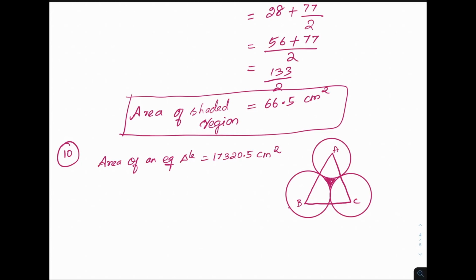The question is, with each vertex of the triangle as the center, a circle is drawn with the radius equal to half the length of the side of the triangle. So radius is equal to half into the length of the side. But do we know the length of the side? Actually we don't know.